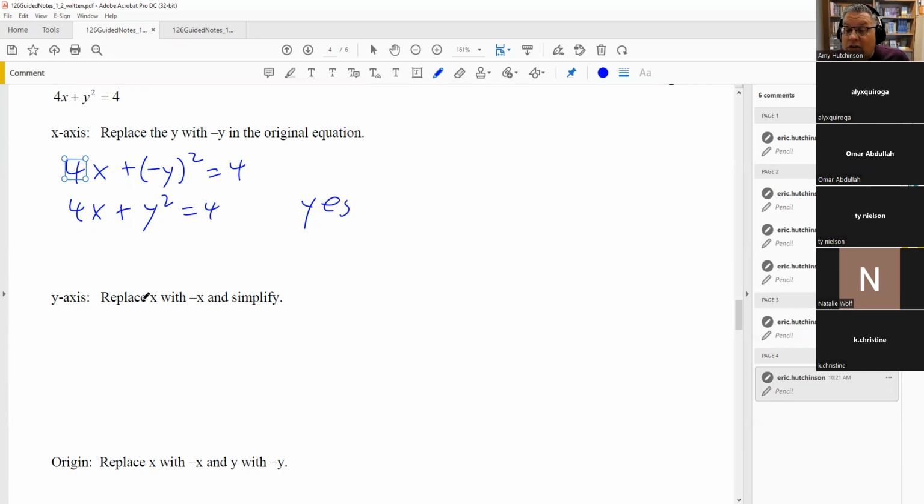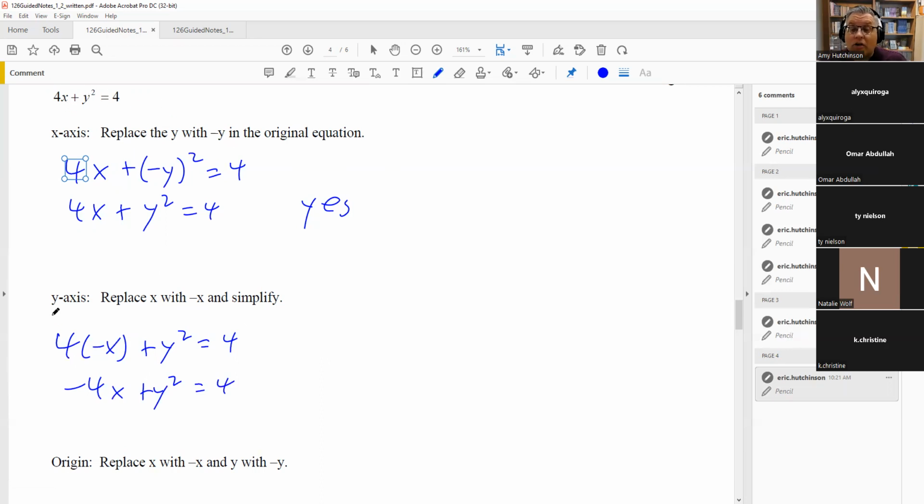Now let's try the y-axis symmetry. Replace x with negative x and simplify. Okay, so we're going to replace that. So I have 4 times negative x plus y squared equals 4. I get negative 4x plus y squared equals 4. Now this is not the same as the original one.